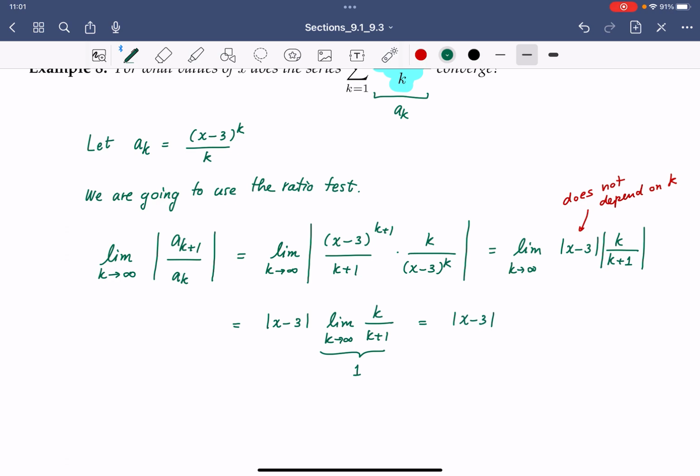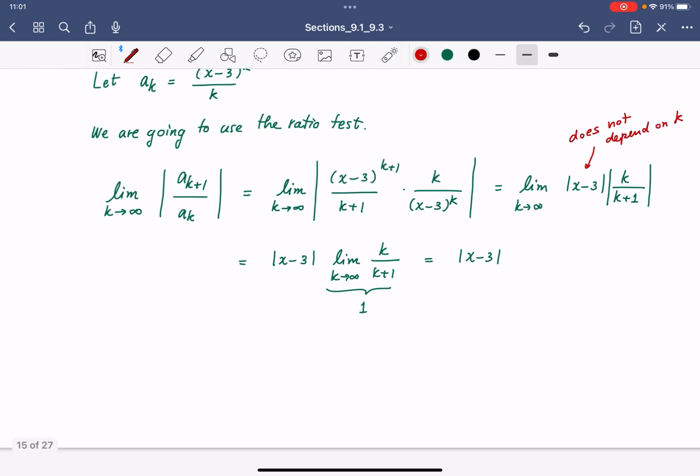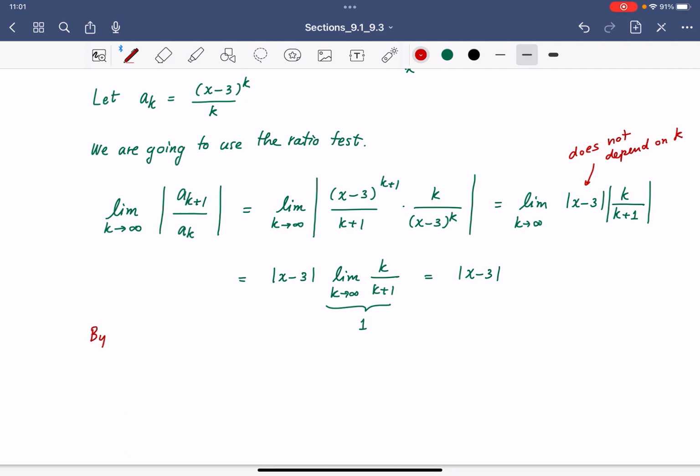So when you have this one, absolute value of x minus 3, it means that by the ratio test, the series converges when absolute value of x minus 3 is less than 1.